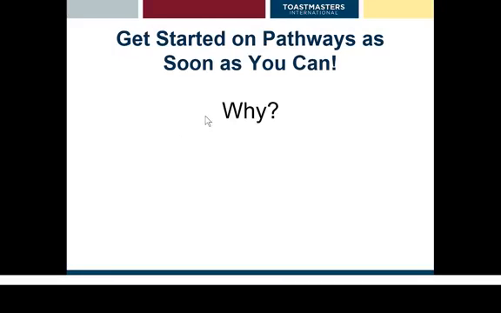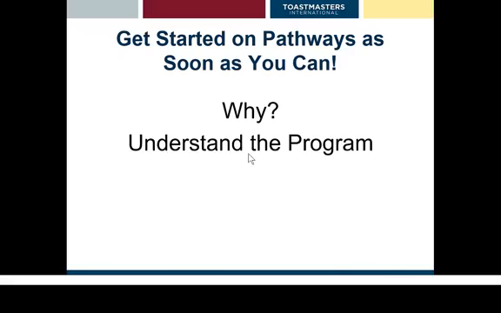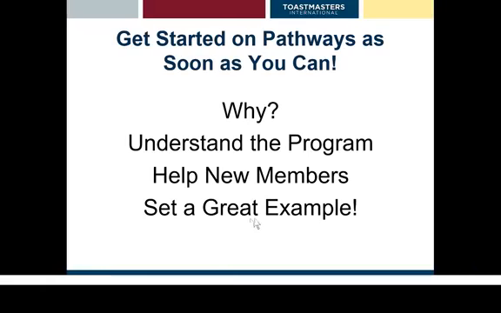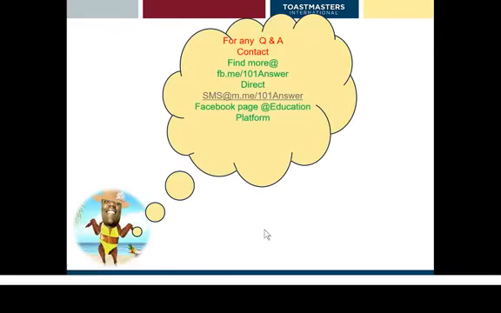After that, the member's project will have been marked completed, and you will be able to get the rewards. So get started on Pathways as soon as you can. Why? To understand the project, the program, then help new members, and set a great example.